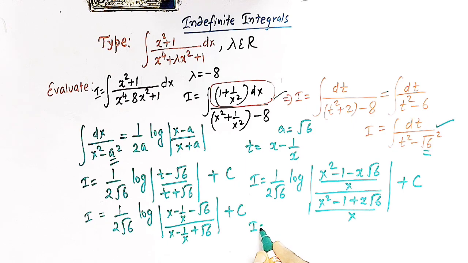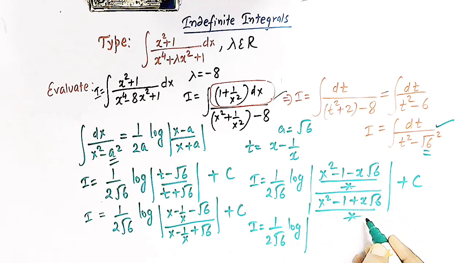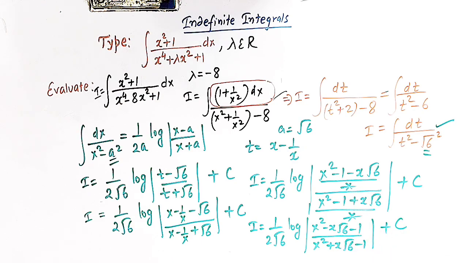Now we can rewrite it as 1 over 2 times square root of 6, and we have log, and here x and x get cancelled, so we have x square minus x root 6 minus 1 divided by x square plus x root 6 minus 1, and c is the constant of integration.